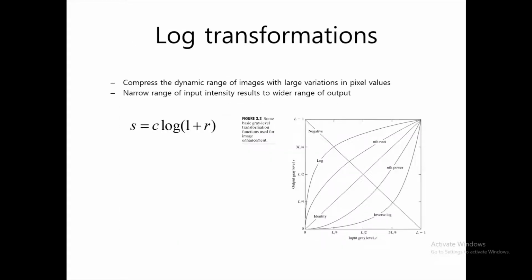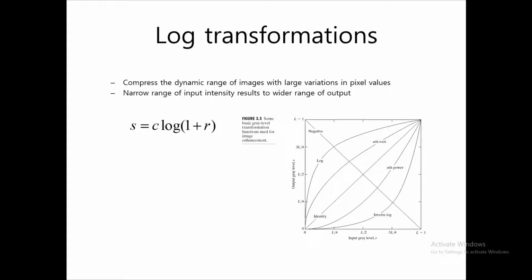Another one is the log transformation, and the general form of log transformation is given by this expression: S = C log(1 + R). This transformation maps a narrow range of gray level values in the input image to a wider range of the output level.